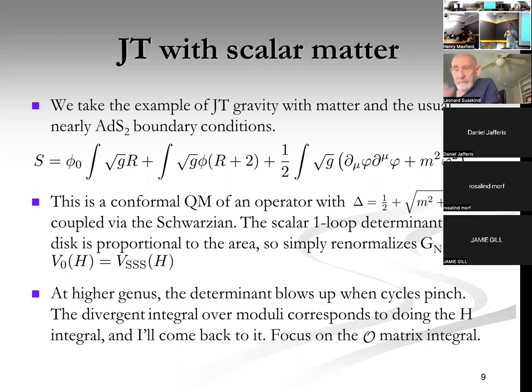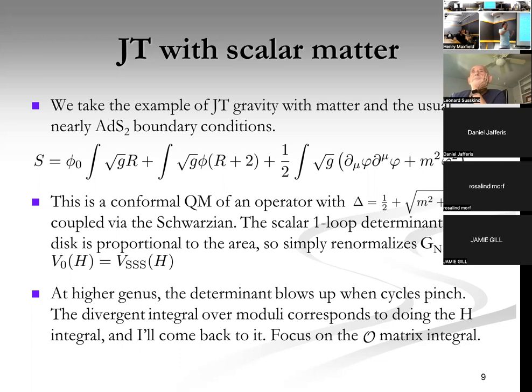For now, I want to focus on just doing the integrals over the matrix O with fixed H. Those will not generate any divergences. Another way I could think about it is, for at least some computations, if I went to the b basis, b meaning the length of geodesic cuffs, then I won't have any divergence. If I look at the pair of pants with fixed b's, there's no integral.